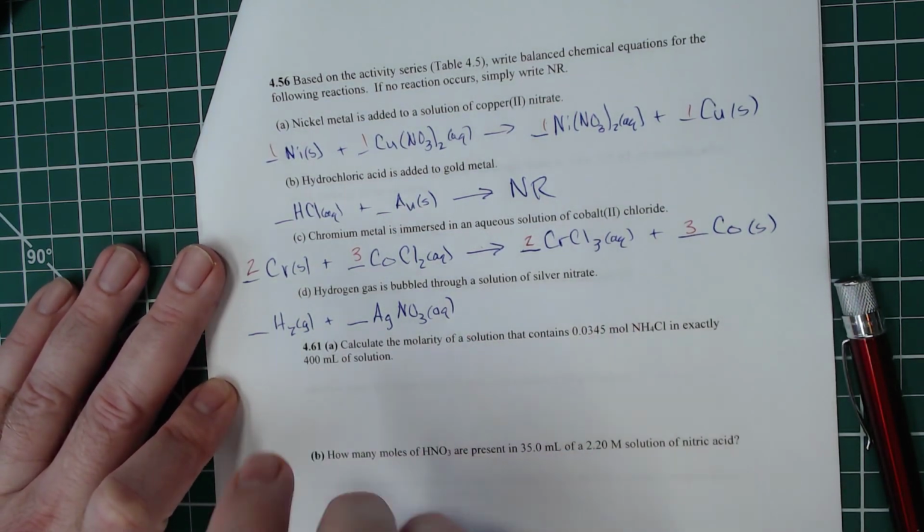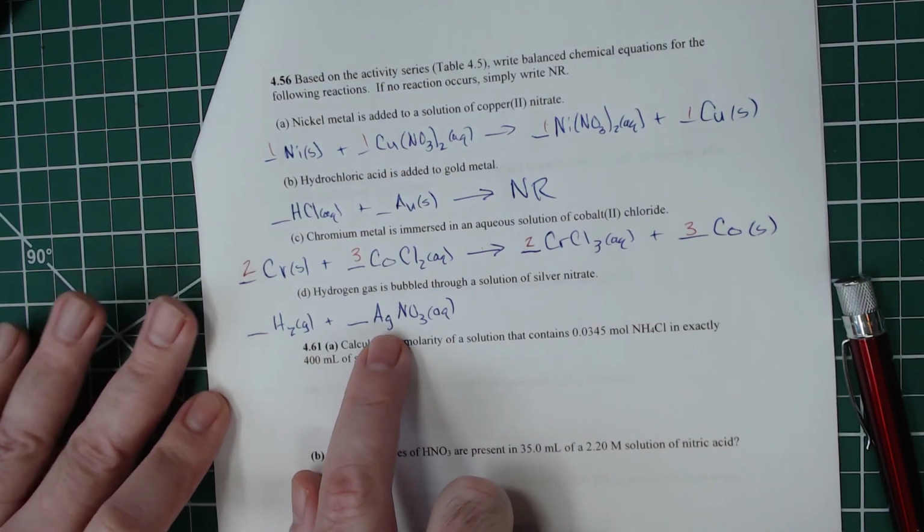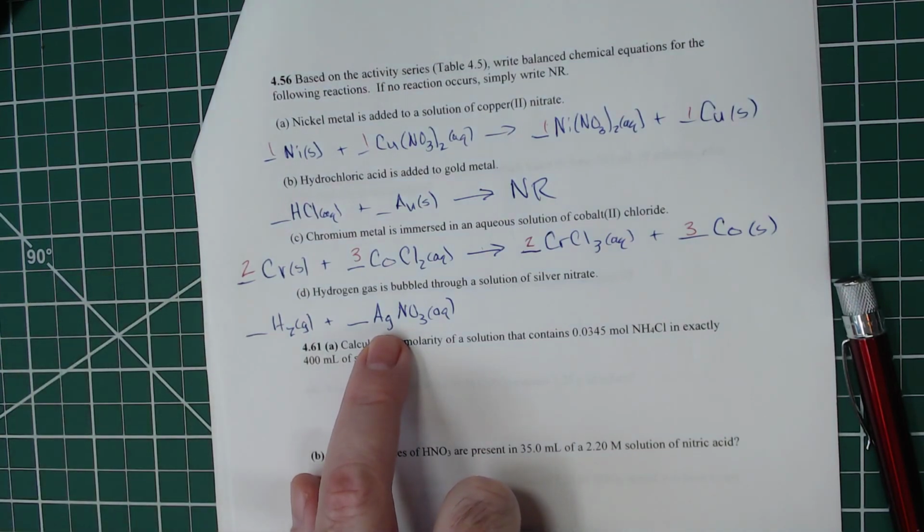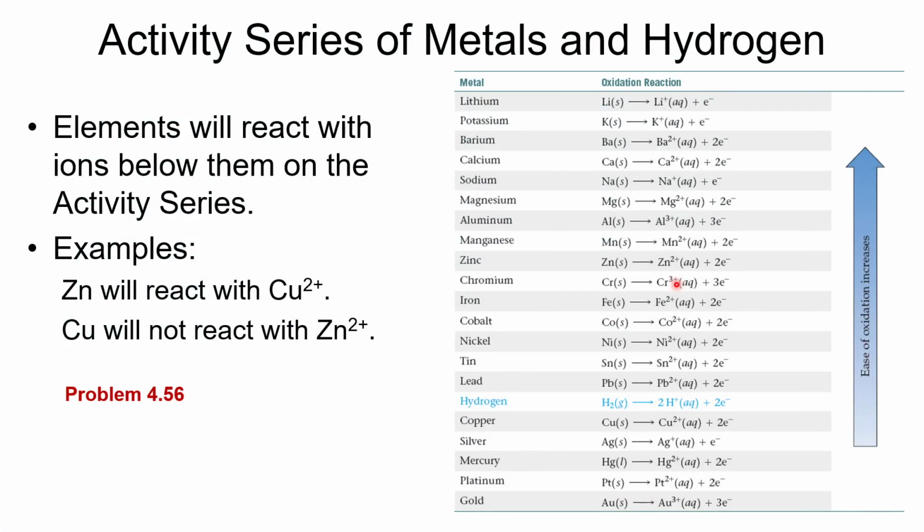So our element here is hydrogen, and silver ion is the ion that we're interested in. So we're going to come back over here. There is the hydrogen and there is the silver ion. Since hydrogen is above silver ion, it will react. So hydrogen will get converted into H+, and the silver ion will get converted into silver metal.